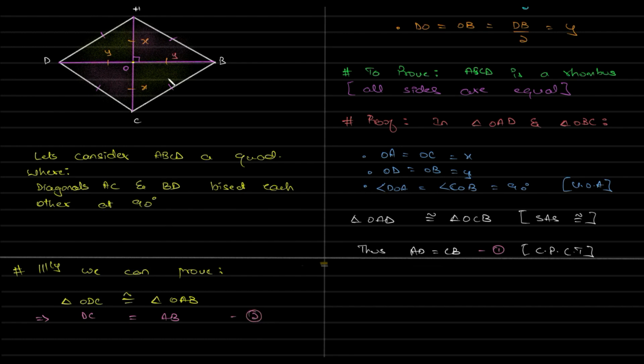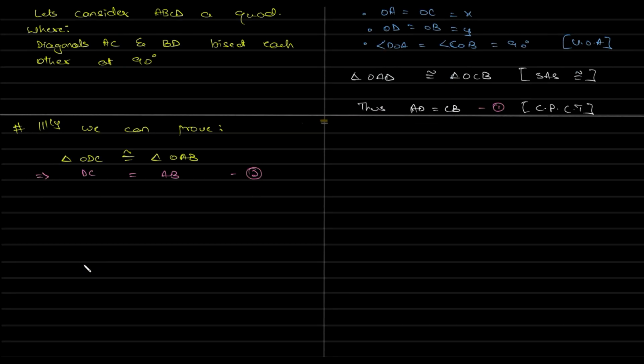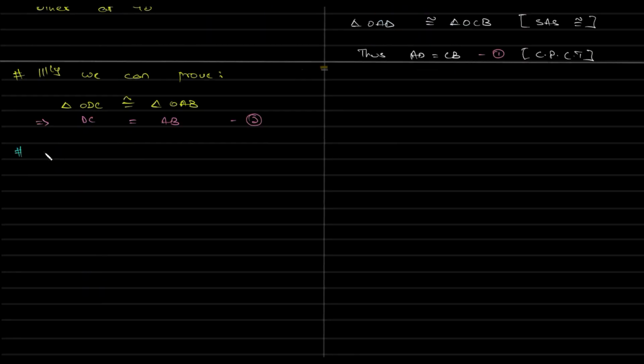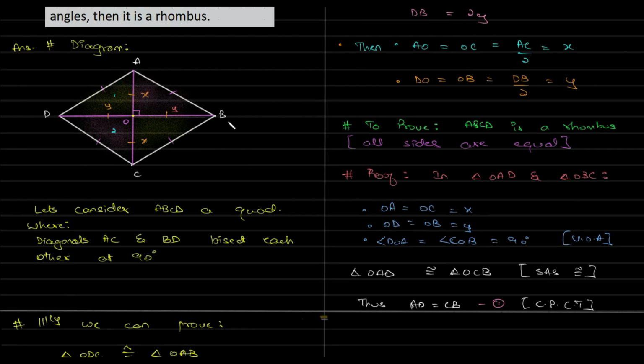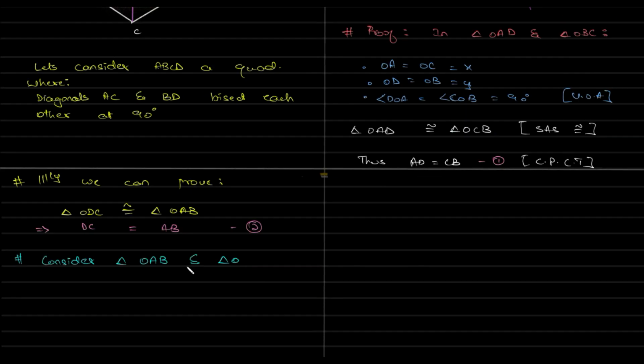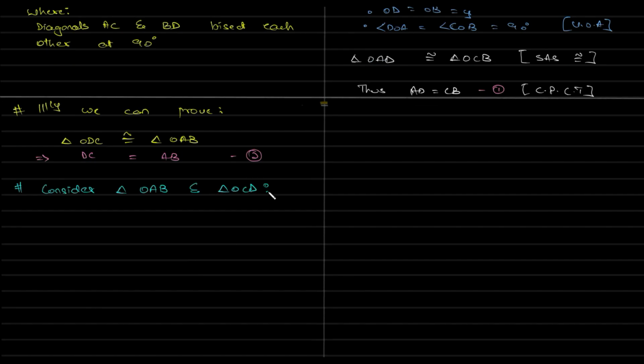Now, we proved that opposite sides are equal, but we have to prove all the sides are equal. So to do that, we need to consider two adjacent triangles and prove that they are congruent. That's it. Okay. So let's consider triangle OAB and triangle OCB. Any adjacent triangles, if you prove, that's enough.